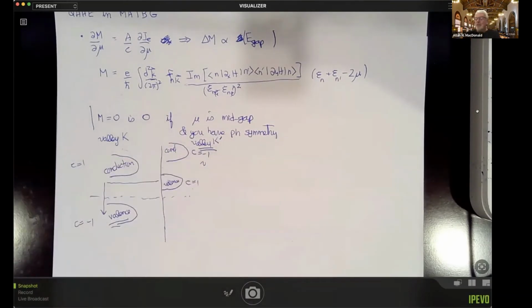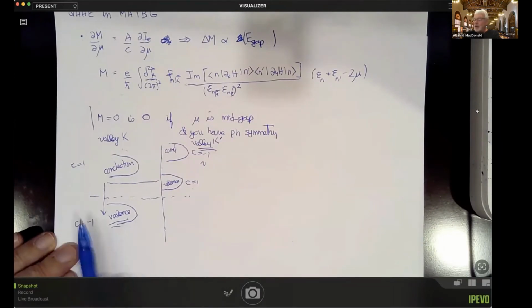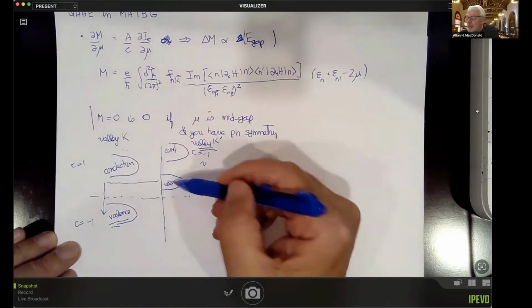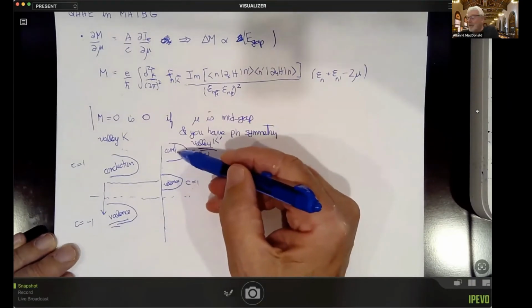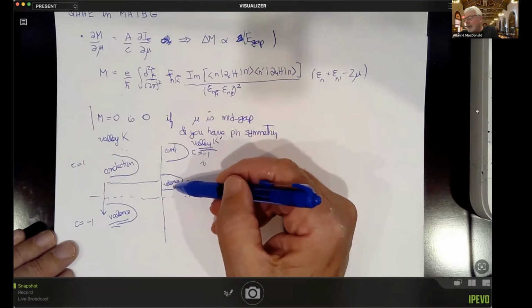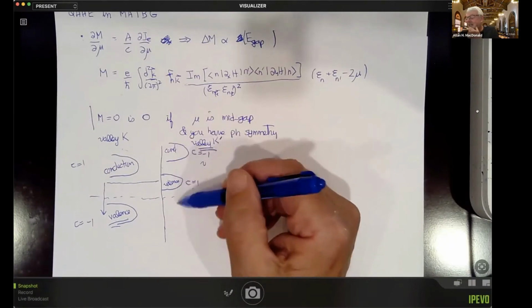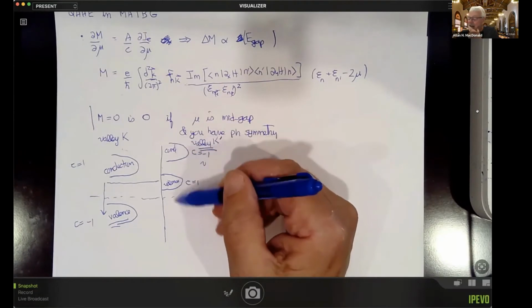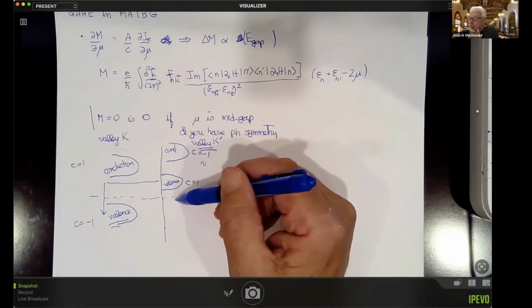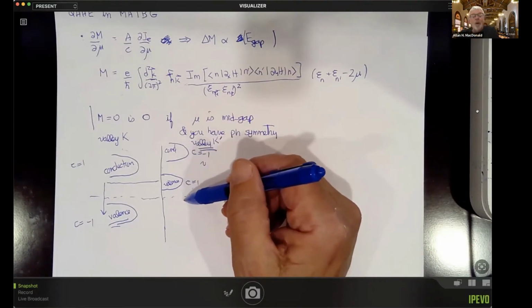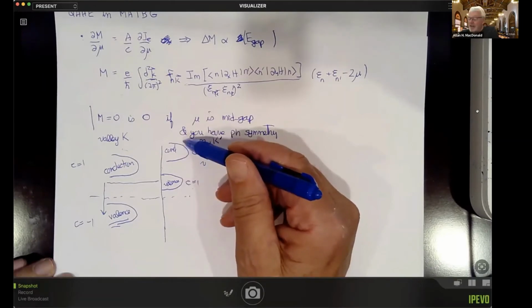And so this would be, as I've drawn it, a quantum anomalous Hall state with Chern number -1. And there's no contribution to the magnetization from these states since they're not occupied, and no contribution to the Hall conductivity.